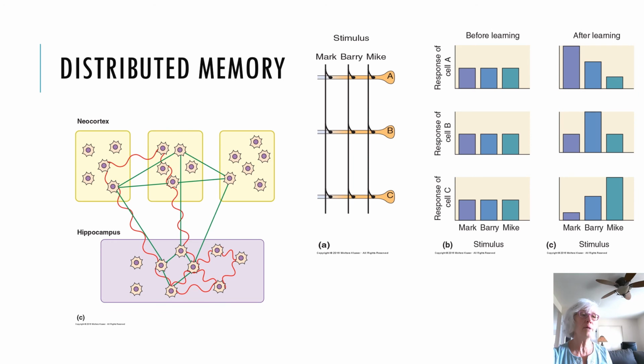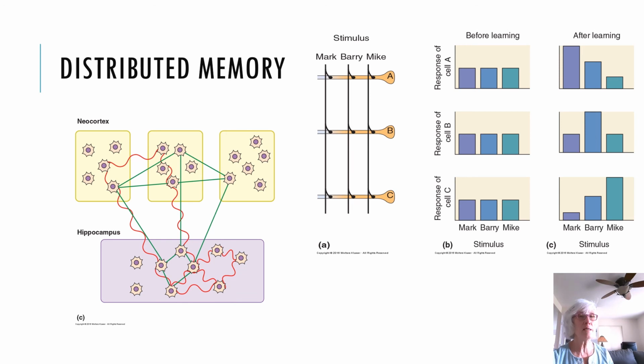But it's not only strengthening, it's also strengthening of some and weakening of others, and maintenance of some and not maintenance of others. So it's the pattern of how the connections are made that allows us to recognize a memory.